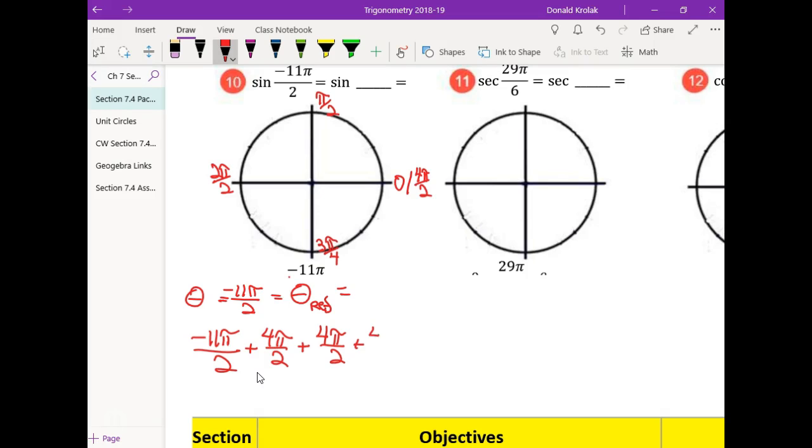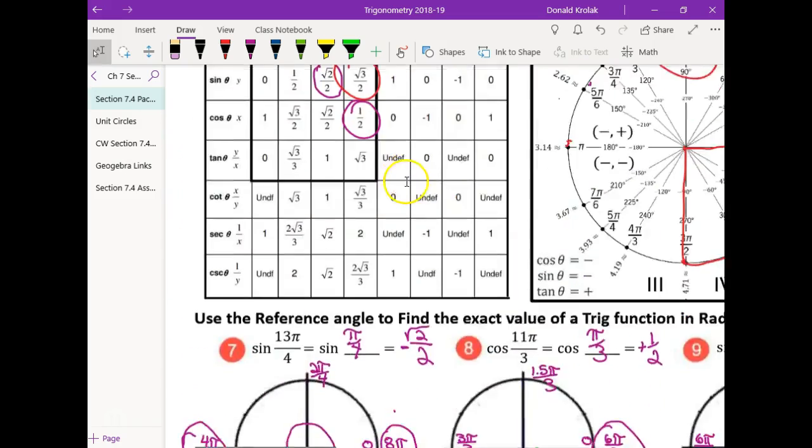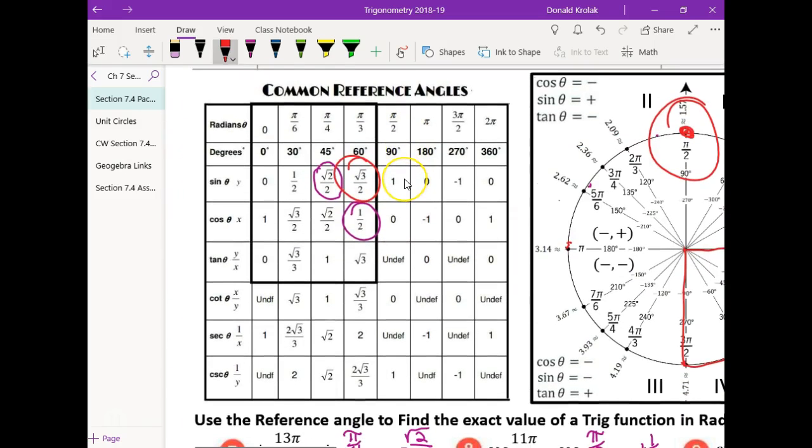I could unwrap it 3 times. All right, and then sine at pi over 2, there's your sine value.